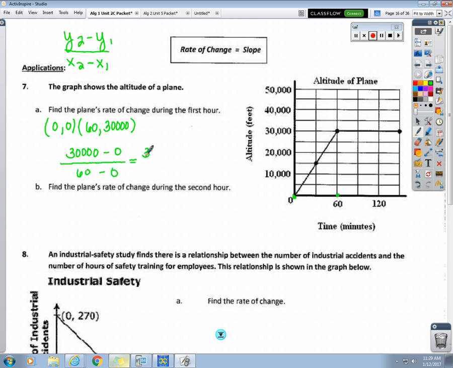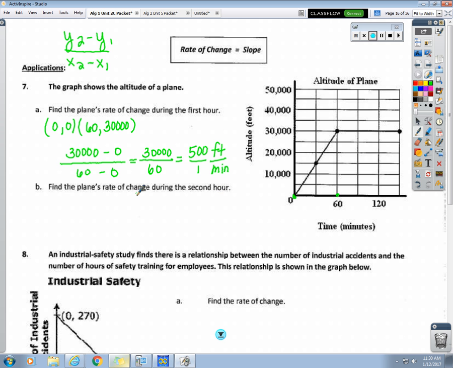Doesn't that just become 30,000 over 60? And what does that reduce to? 500 over 1. What does that 500 mean in words? Per minute. Good job.